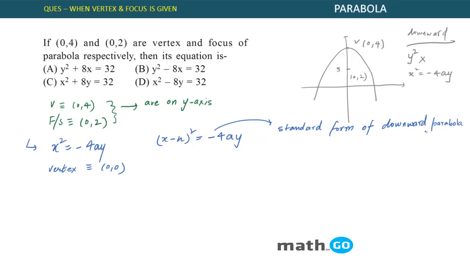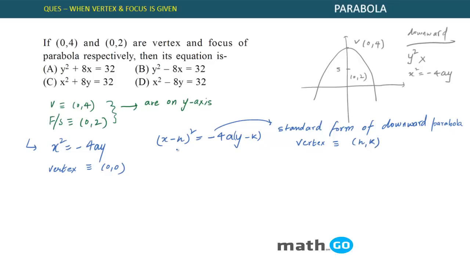If you can remember this, then all the questions will be easy for you. Here, sorry, x minus h and y minus k. So the vertex in this case is nothing but h comma k.